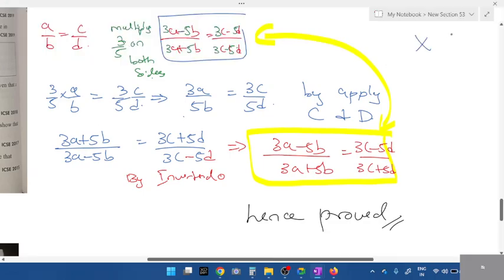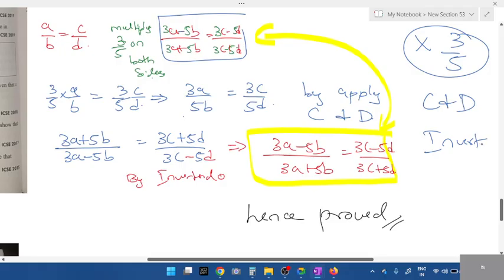First one we multiplied by 3 by 5. Second one we applied componendo dividendo. Third one we applied invertendo, right? Confused with the names? Okay. Invertendo, alternando, componendo, dividendo.